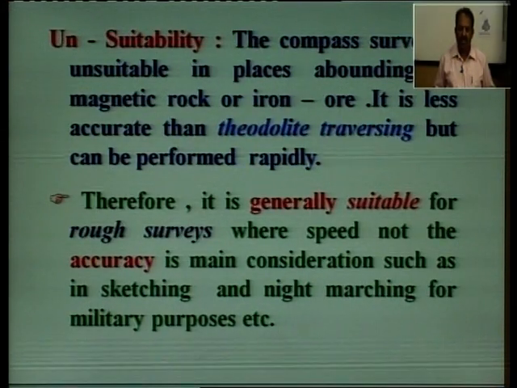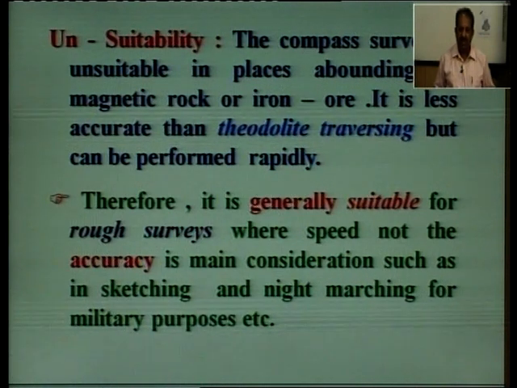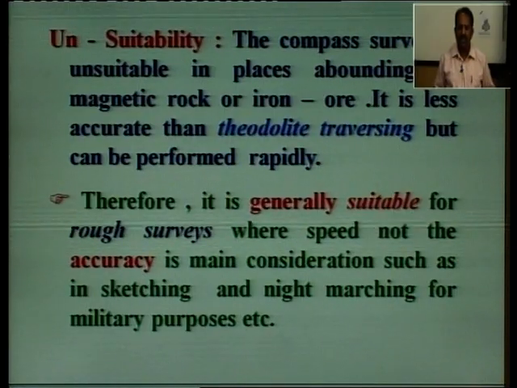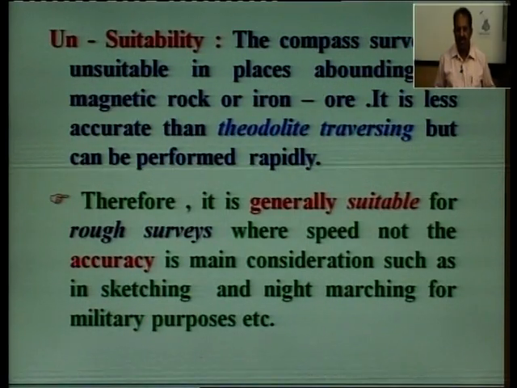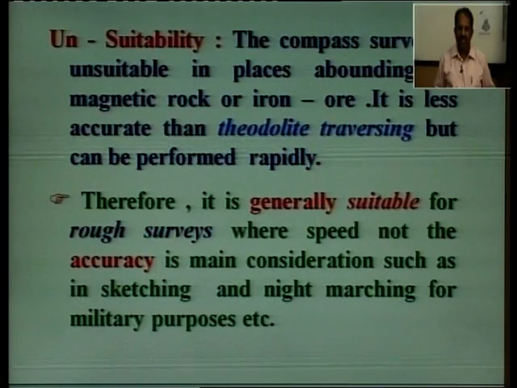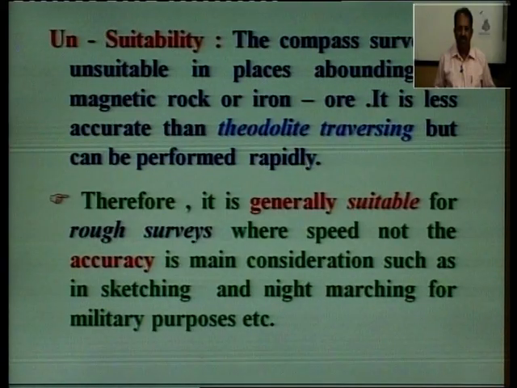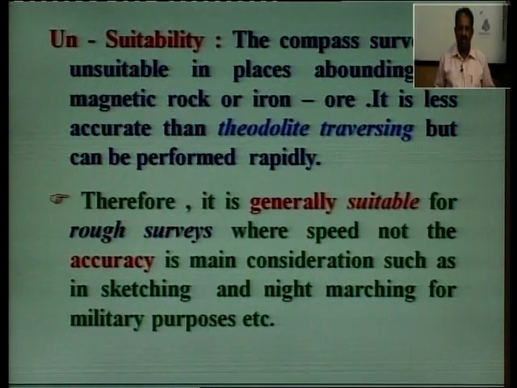Therefore, it is generally suitable for rough surveys where accuracy is not important, where speed is the main concern and not accuracy, such as in sketching and night marching for military purposes, etc. So, in those areas we can use compass survey.